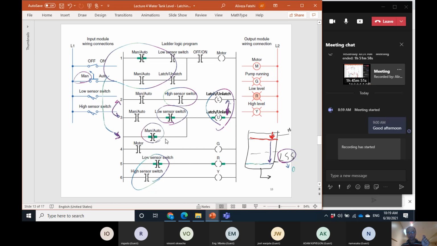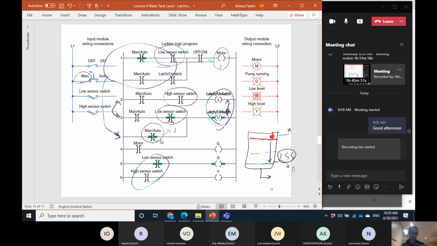In that case, this becomes 1, and as a result this unlatches that, so it stops the motor. Then, depending on the level sensor, maybe the motor turns on again or maybe not. So this is just to turn off the motor if it is running when we switch the mode to manual.